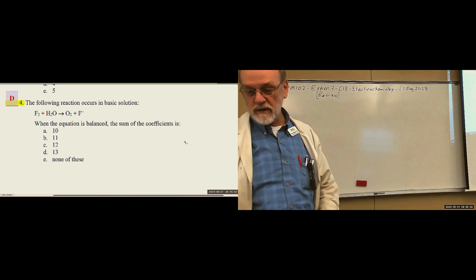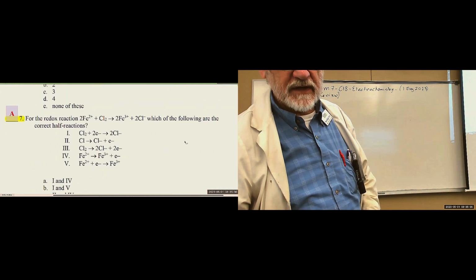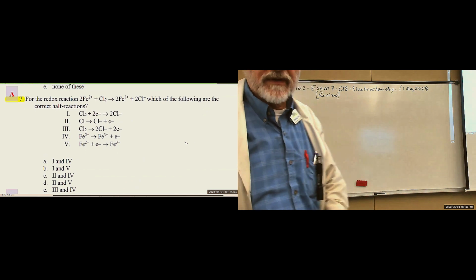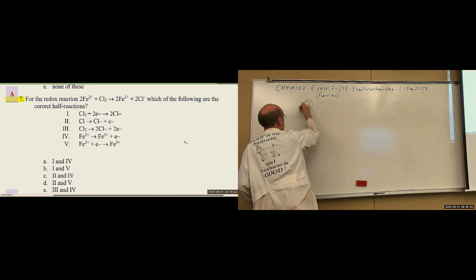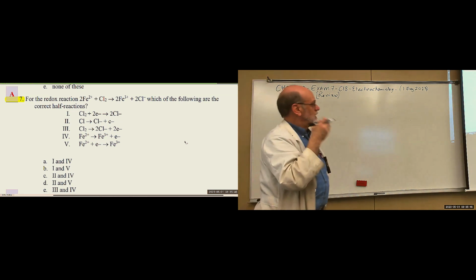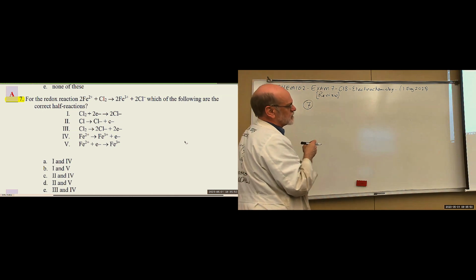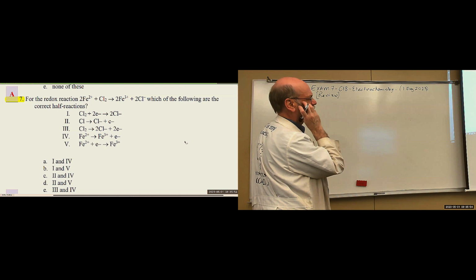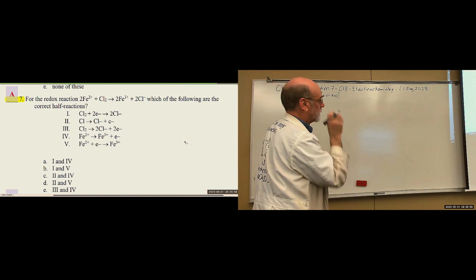Right, that was 4. Let's skip down to 7. Yeah, get them all in there. Number 7. For the redox reaction, 2Fe2 plus Cl2 yields 2Fe3 plus 2 Cl minus, which of the following are the correct half reactions?